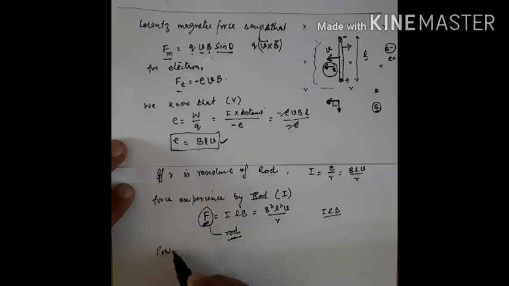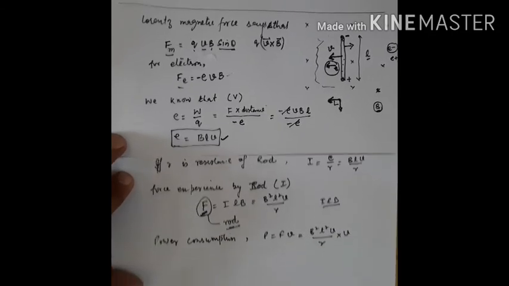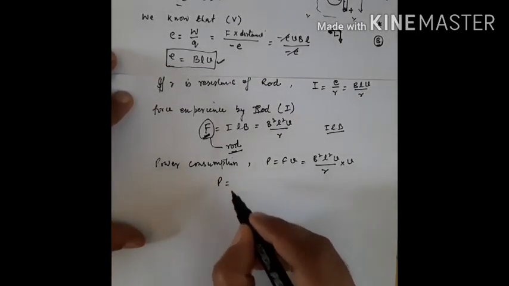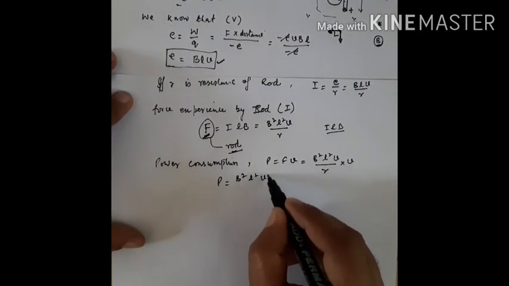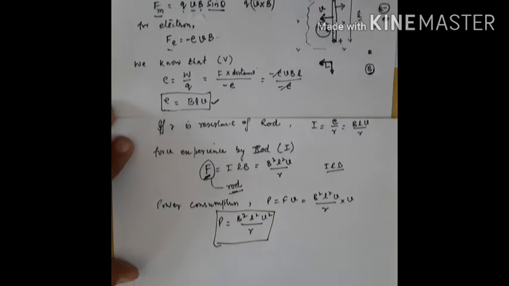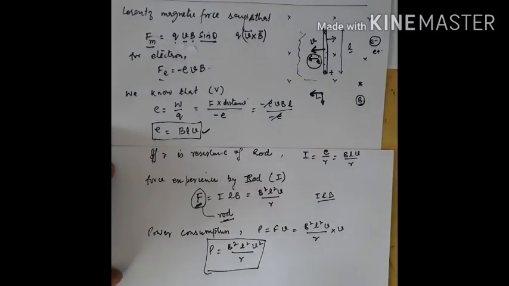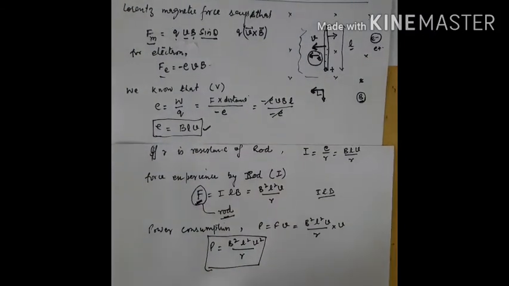Power is force multiplied by velocity. Force is B squared L squared v divided by R, multiplied by velocity. After solving, the power consumed is B squared L squared v squared divided by R. This is the power needed to make the rod move along the direction of velocity. This is all about this topic. Thank you.